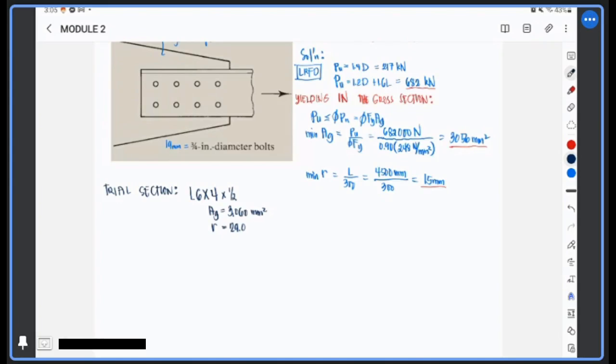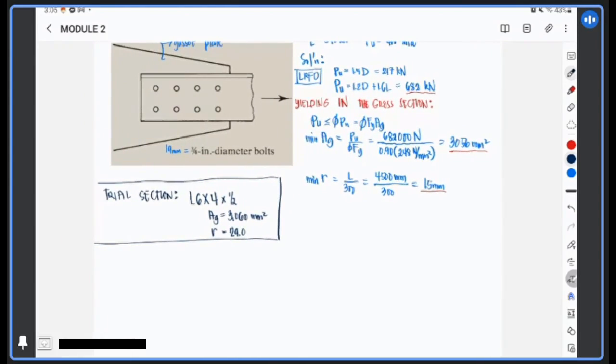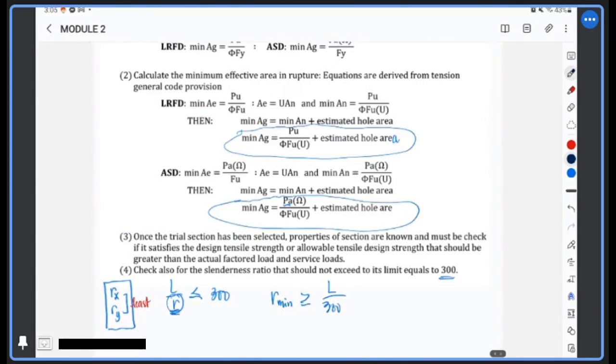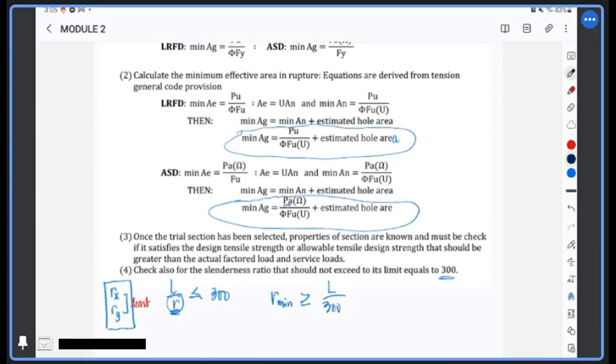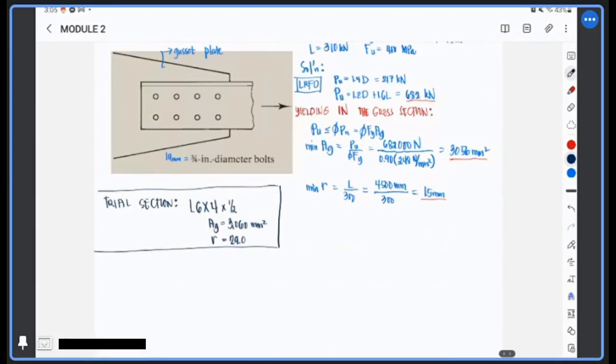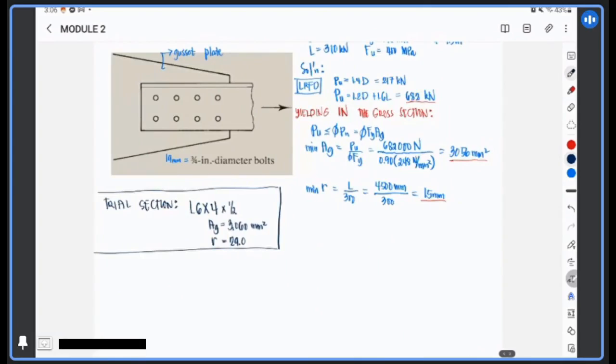So this is our trial section. Our minimum effective net area, which is given here, is the minimum Ag for net section rupture. Let's check net section rupture.